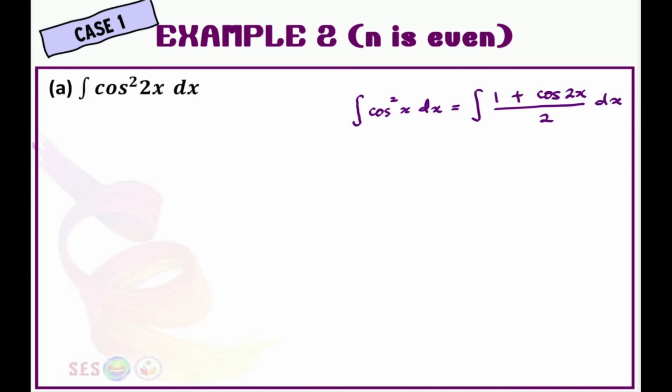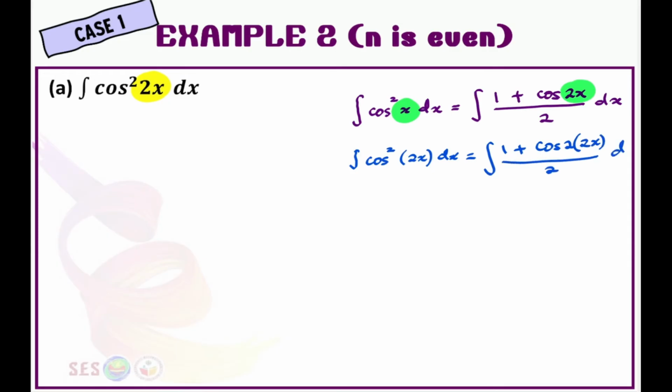So take a look at our question again. The theta is 2x. So we need to modify our theta here and here. If I modify this, integrate cos squared, my new theta here is 2x. So what happened? Cos 2 multiplied by 2x over 2 dx. So I will get integrate 1 plus cos 4x over 2 dx.